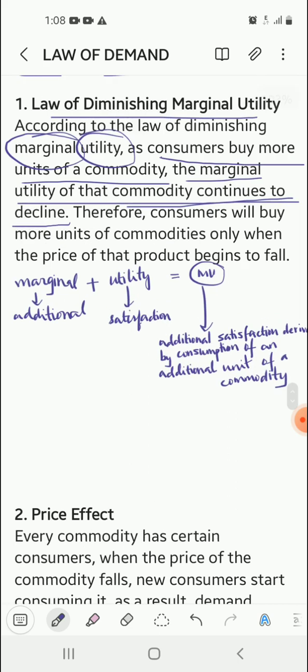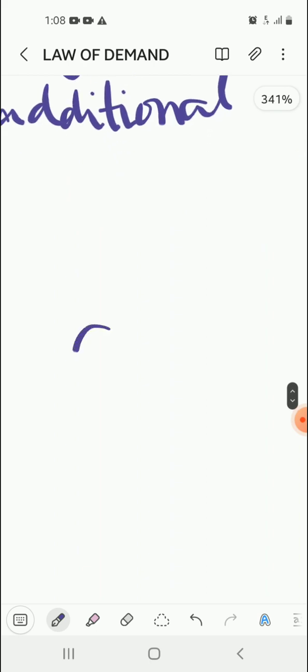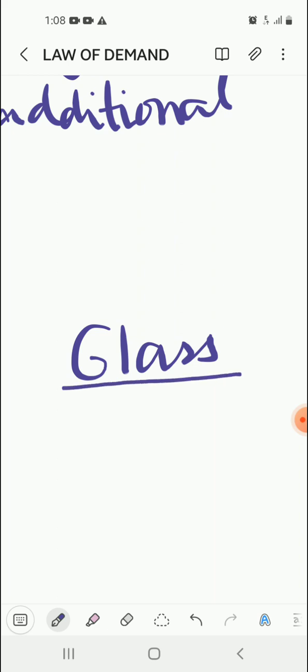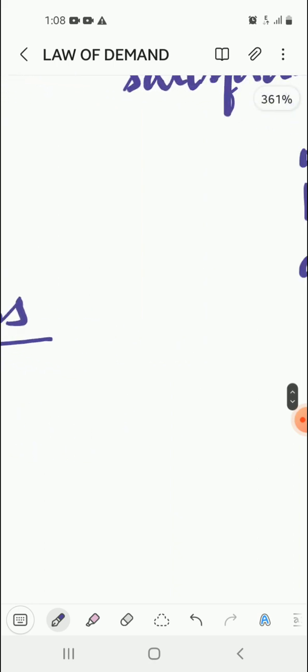Now to understand it, we'll take an example. Say we are out on a very hot day, and when we return, of course, the thing that we look for is water. The first glass of water that we drink gives us a satisfaction of about, for example, 5.